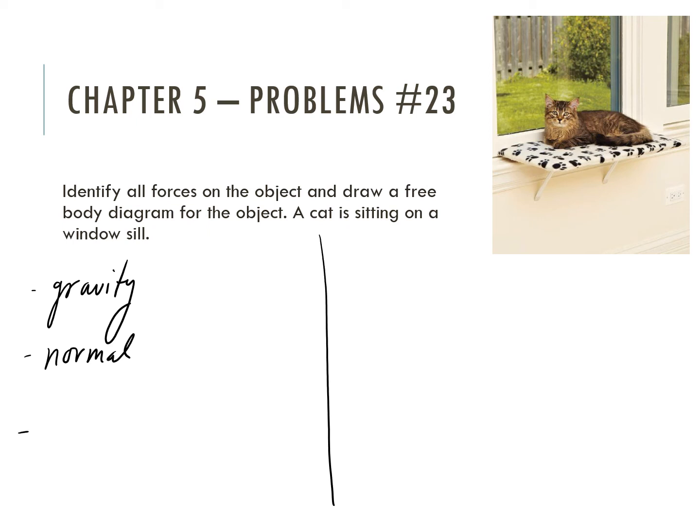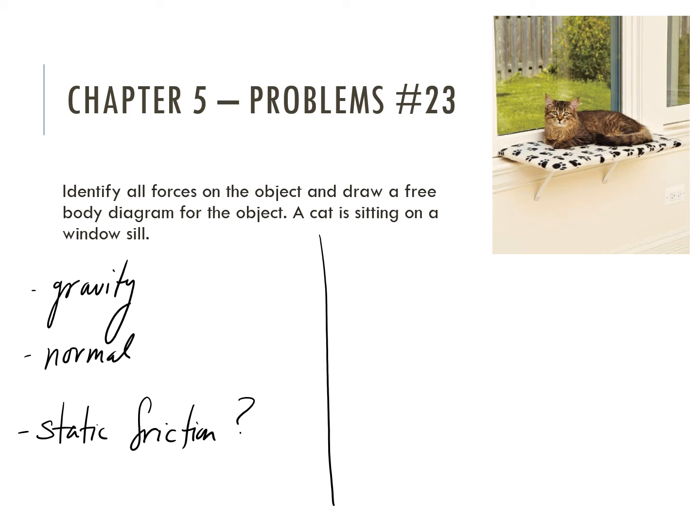So what we're going to do is say static friction, but we're going to put a question mark. We don't know enough information. If the cat's thinking about getting up and it starts moving a little bit, we probably have to consider static friction. But if it's just sitting there, we technically don't need static friction.